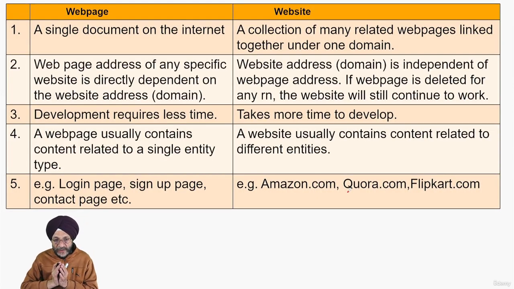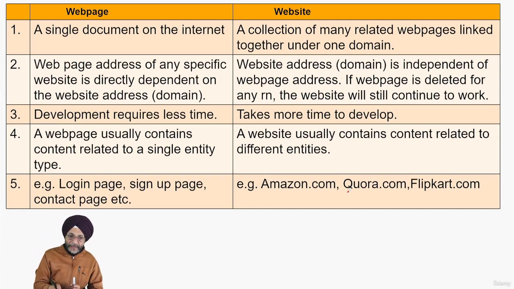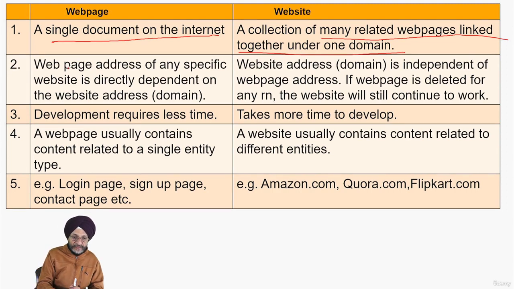Now, we have differentiated web page and website in a tabular form. A web page is a single document on the internet, whereas a website is a collection of many related web pages linked together under one domain. Web page addresses of any specific website are directly dependent on the website address.